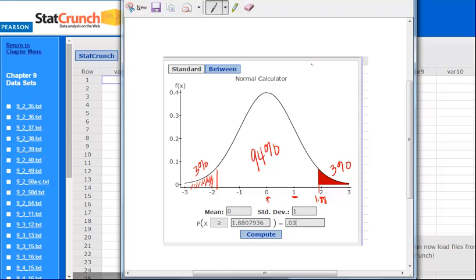And a lot of times with confidence intervals, we see 90%, 95%, and then 99% is also another one that we see quite a bit of.